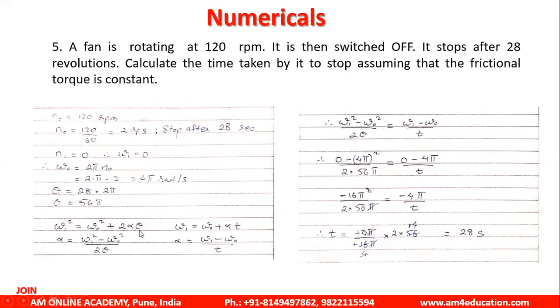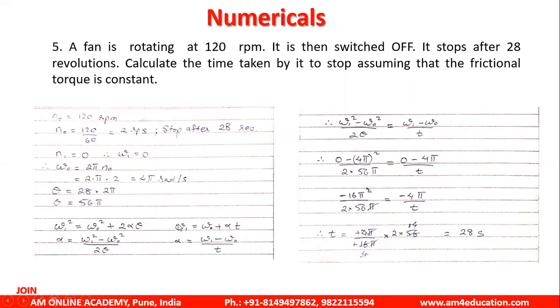So let us use the same formula as in the previous problem. Omega 1 square is equal to omega 0 square plus 2 alpha theta. We take alpha on one side and the rest of the quantities on the other side. So alpha becomes omega 1 square minus omega 0 square upon 2 theta.